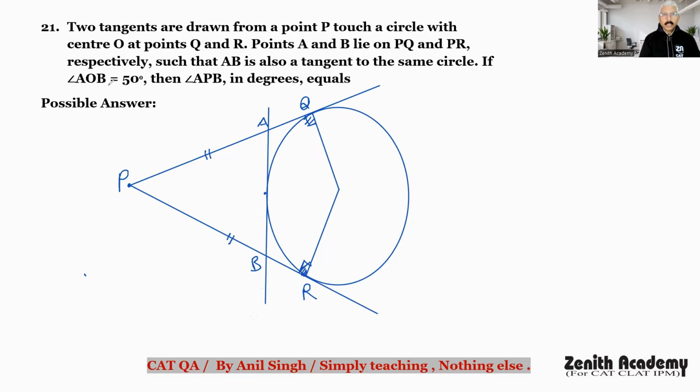And given angle AOB, where O is the center of the circle, AOB is given as 50 degrees. Then find angle APB, this angle.